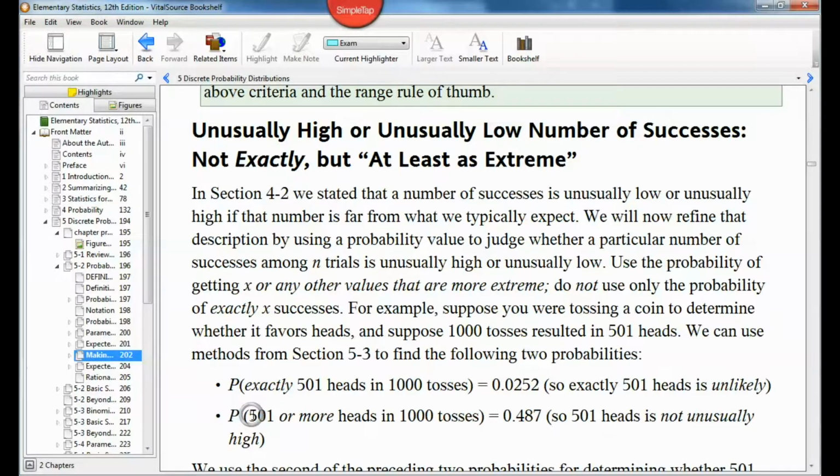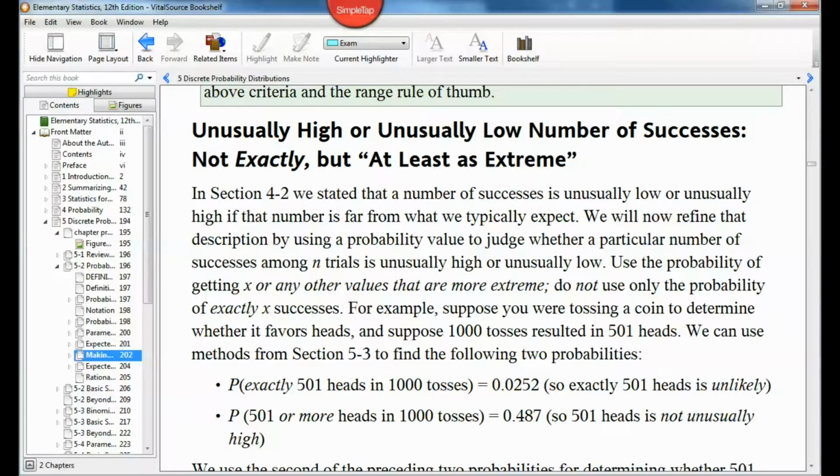Because also, what about 501 or more heads? Do you know how tough that would be? 501 or more heads in 1,000 tosses? That means the probability for 501 plus the probability for 502 plus the probability for 503, and I just keep going until finally the probability for 1,000.